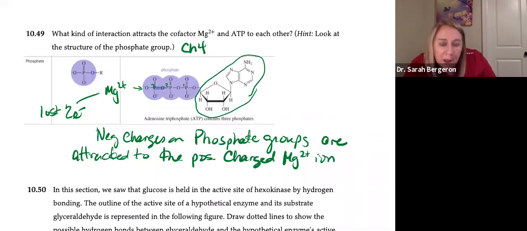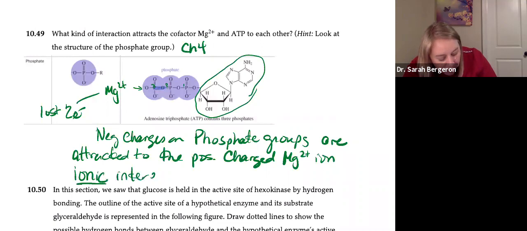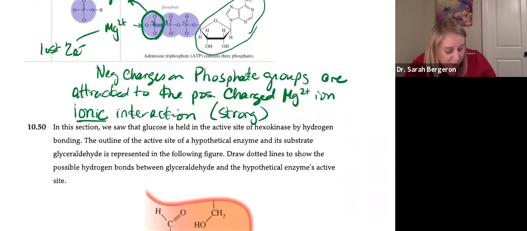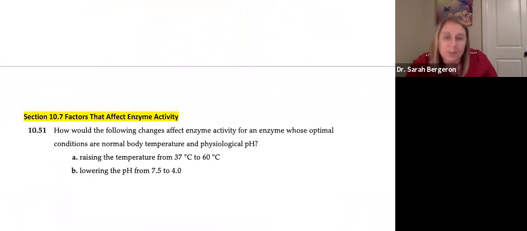So it will actually break that bond. So this is an ionic interaction, and that's very, very strong. And so that helps to weaken the bond so that you can then transfer one of these phosphates onto glucose. Okay. And I think that is it. All right, enjoy the rest of your day.